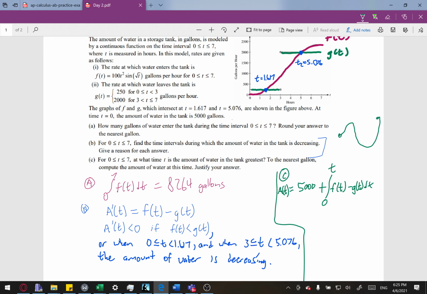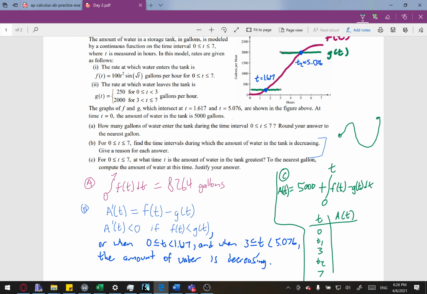Okay. So now I need to figure out when this changes from positive to negative or negative to positive, so we can see whether any of these could be the maximum or not. So f(t) minus g(t), will that be positive or negative before t1? Okay, here's our graph again.